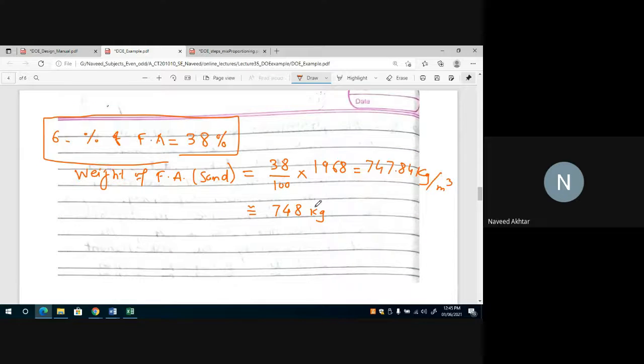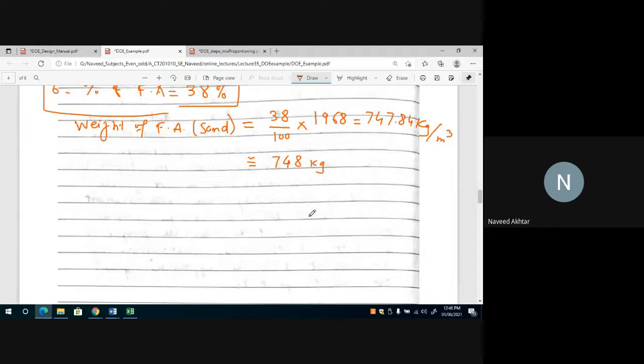Now, as you know the weight of sand, you can find out the weight of coarse aggregate.